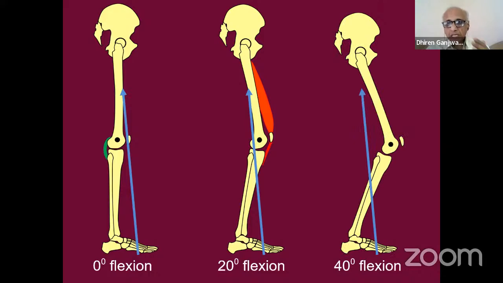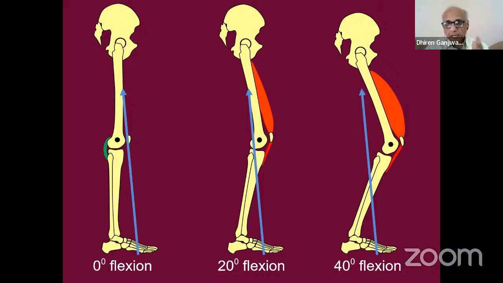As the knee flexion increases, the ground reaction force moves away from the center of the knee joint. Because of that, there is an increase in the distance between the ground reaction force and the center of the knee joint, and that produces more flexion moment. To overcome that, the quadriceps has to work more.